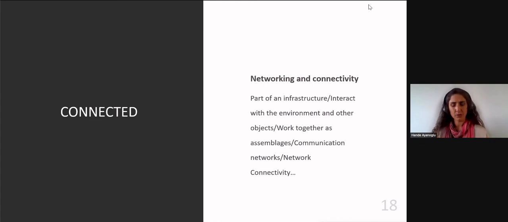So here we are also talking about the Internet of Things, because connectivity can mean Internet of Things or not. The products don't have to share the same network, but still they can be connected.